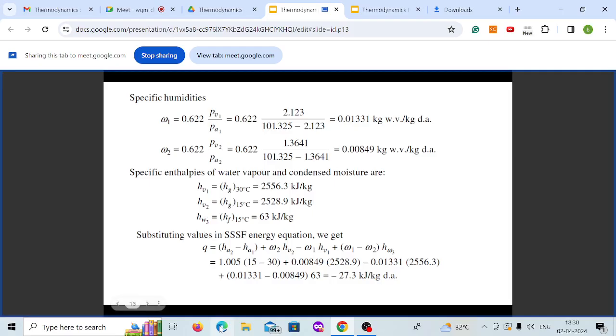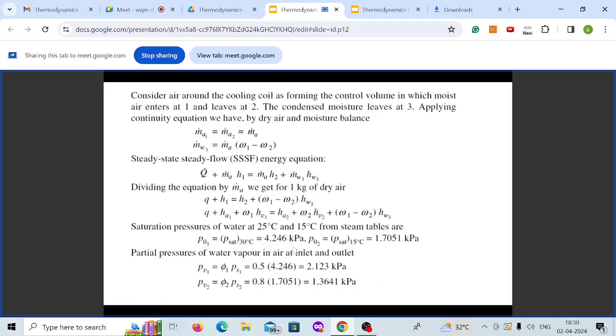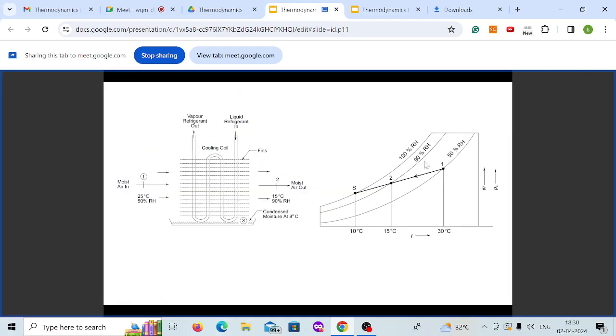This problem can also be easily solved using your psychrometric chart. If you have a psychrometric chart and see these 2 points, enthalpy can be directly calculated. You will have enthalpy lines passing through those. So corresponding enthalpy lines you can take, and the difference between the enthalpy lines will give you Q directly.